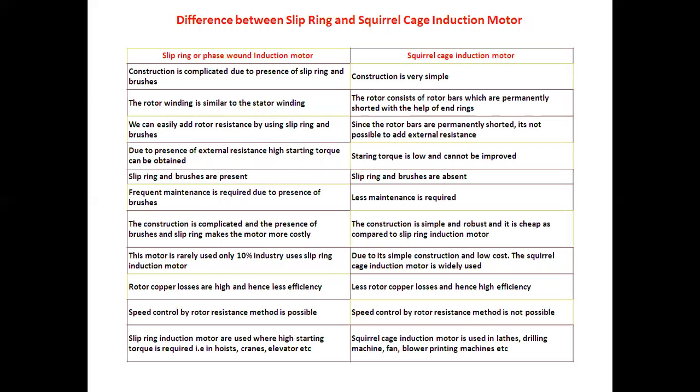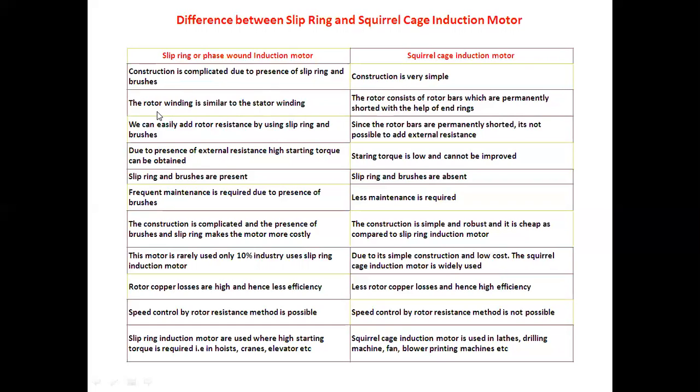So now we are looking at the difference between the slip ring and the squirrel cage induction motor. For the slip ring induction motor, construction is complicated due to the presence of slip rings and brushes. For the squirrel cage induction motor, construction is very simple.